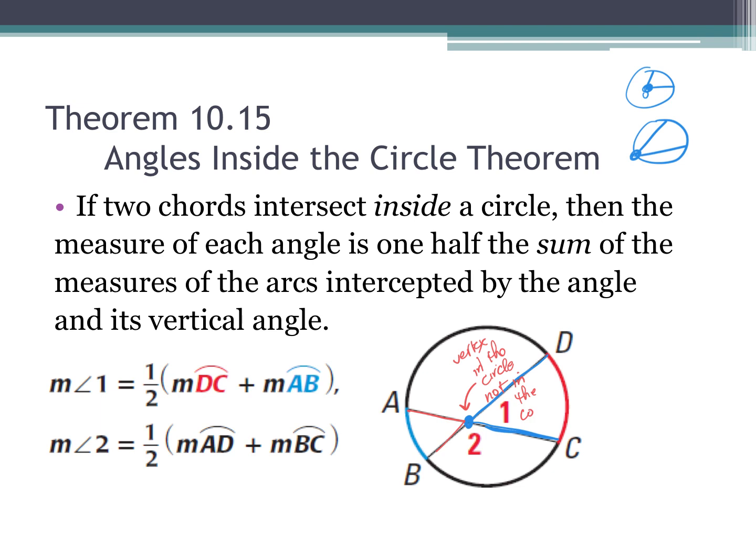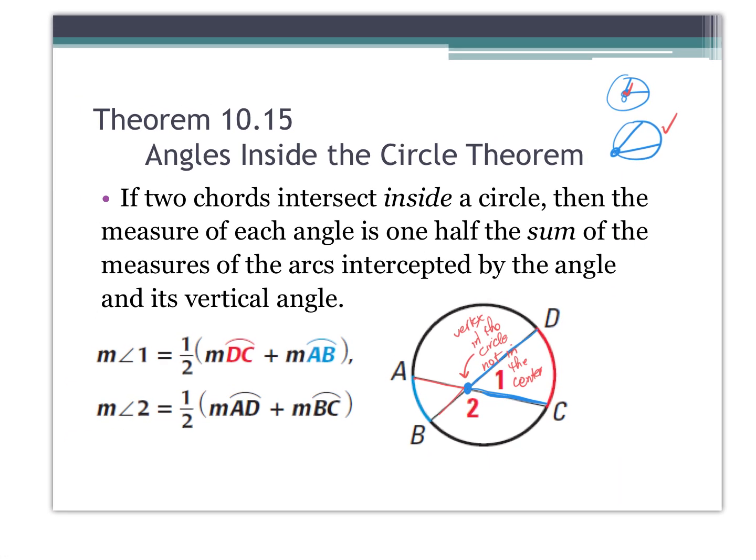So it's not on the edge like an inscribed angle. It's not in the center like this one. It's in the circle but not in the center. So how do we figure out our angle measures and our arc measures when we have this scenario?